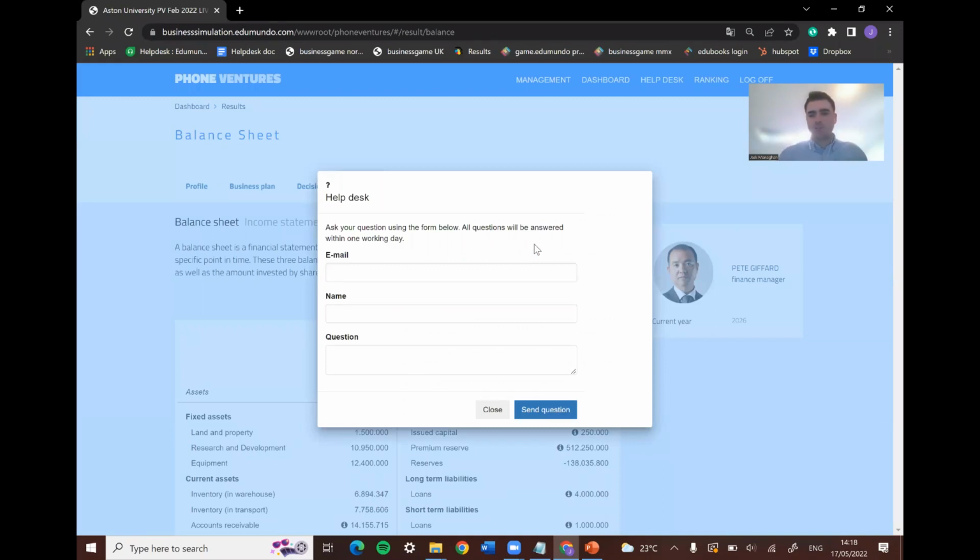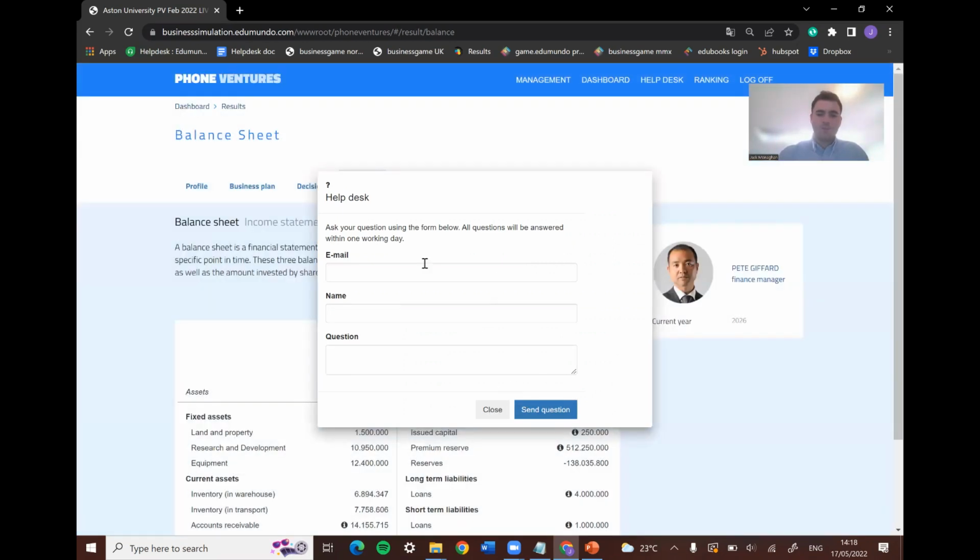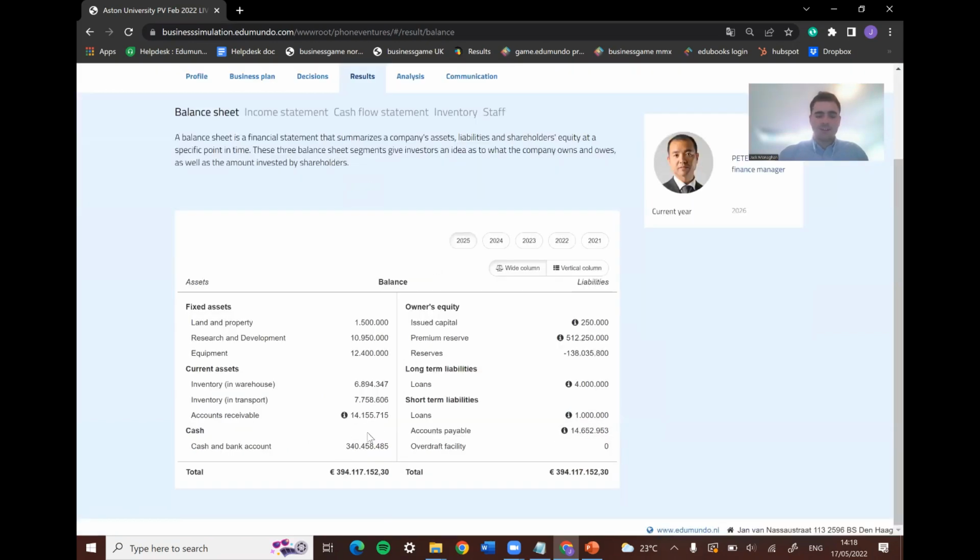We'll give you some capital and help you get back into a point scoring position, because if you remember, if you're bankrupt, you score 0 points, even if you reach your targets. So one more time to reiterate, the 2 items you want to take a look at: cash and bank account, make sure that it's in a positive position, and make sure your reserves are not in a very negative position.